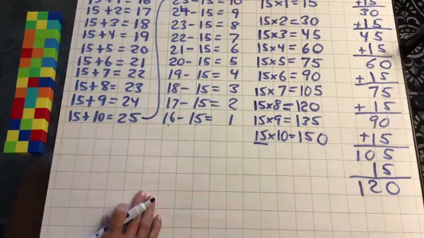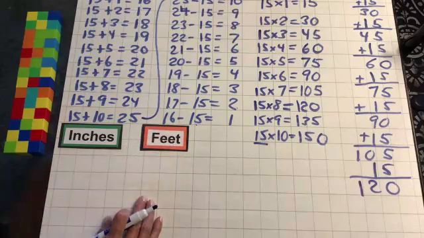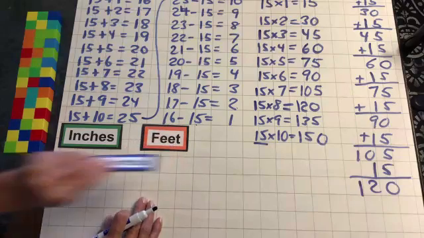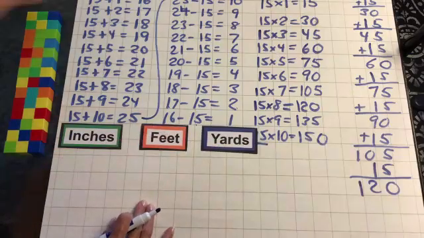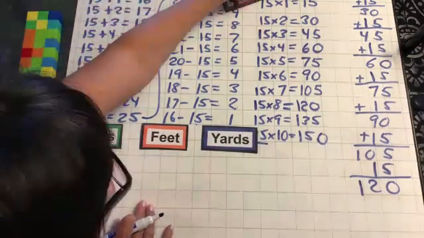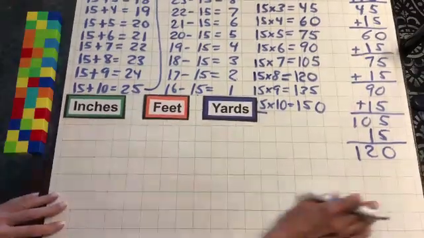So let's go ahead and move on to our measurement, when we're talking about inches, feet, and yards. So this is linear, measuring length. So I'm going to move this on up for you. So here we go.